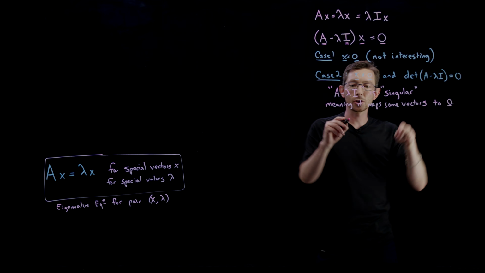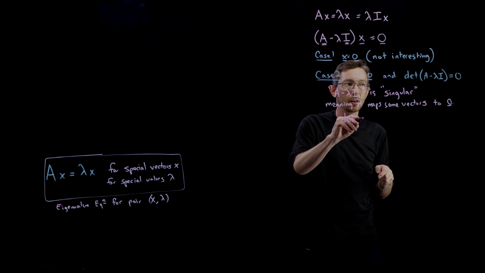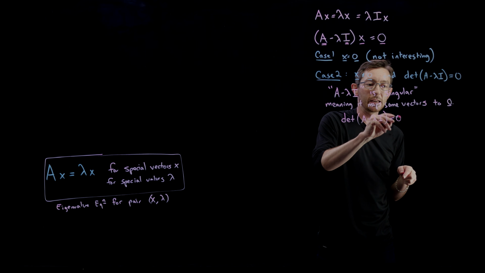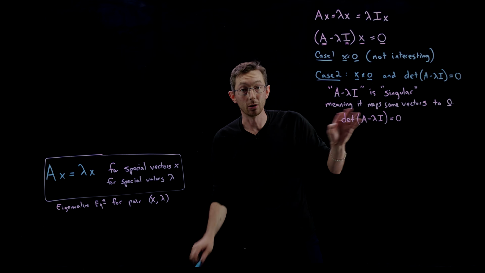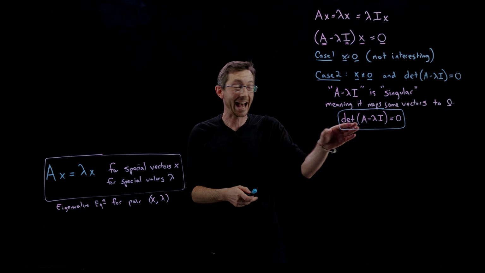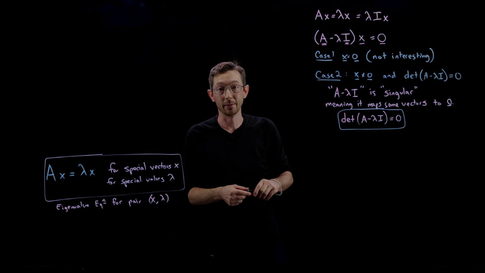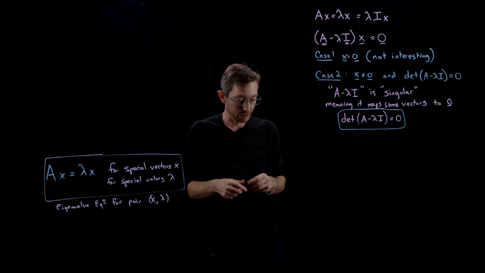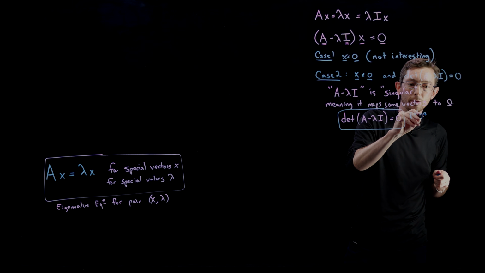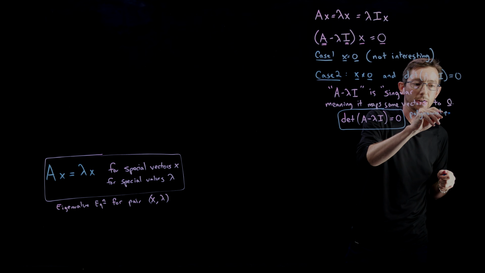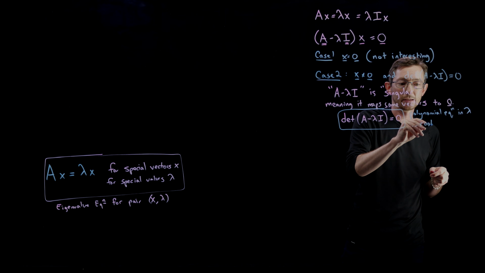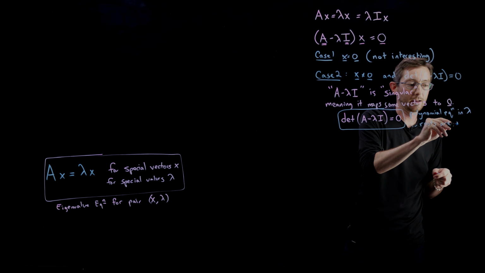And so this expression, the determinant of A minus lambda I equals 0, is not true for all lambda. Remember, I showed you a couple of lectures ago that this is actually the characteristic polynomial of our differential equation. This is a polynomial equation in lambda, and the roots are my eigenvalues.